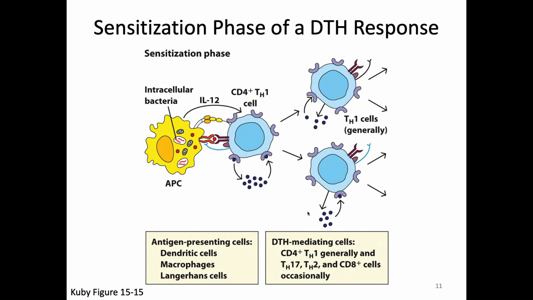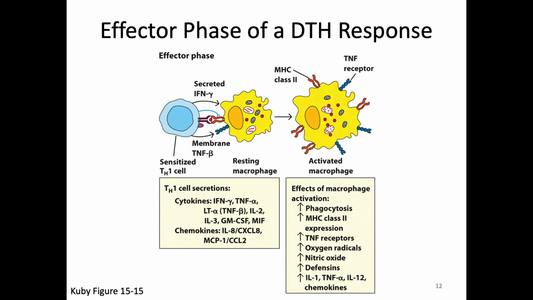And then the second time the antigen comes around, oh my gosh, you already have a Th1 cell ready to go. No more naive cells. And so now that Th1 cell can start making cytokines, we can start activating macrophages, and we can start having all of our effects.